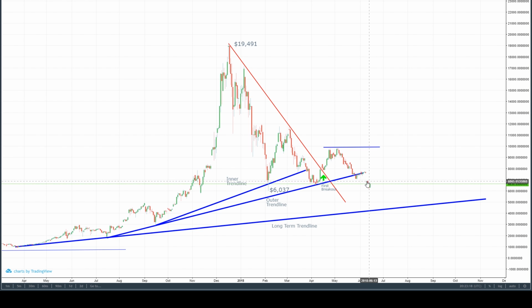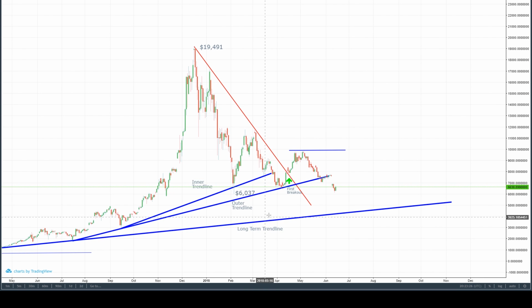Most likely, once we broke the outer trend line, we're going to go to a long term. That is a possibility. As time passes, long-term trend lines go up, so the possibility of going down to 3,000 or 4,000 is going to be less as time goes by. But still, we could very well go all the way down to 4,000.